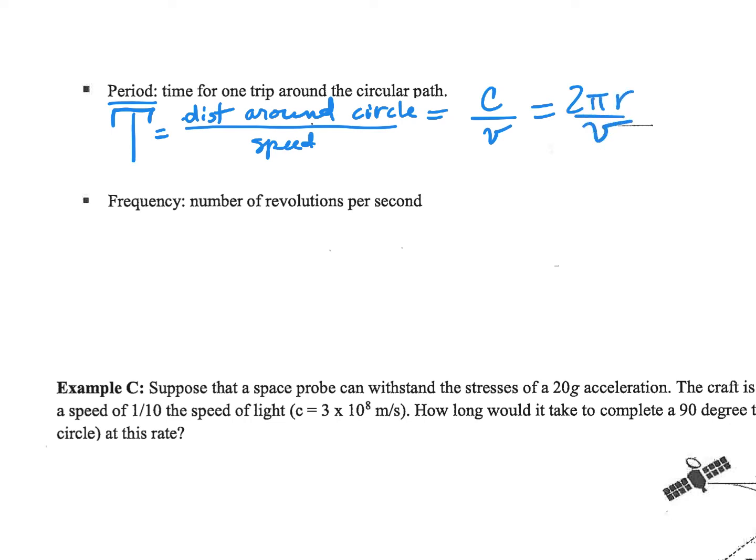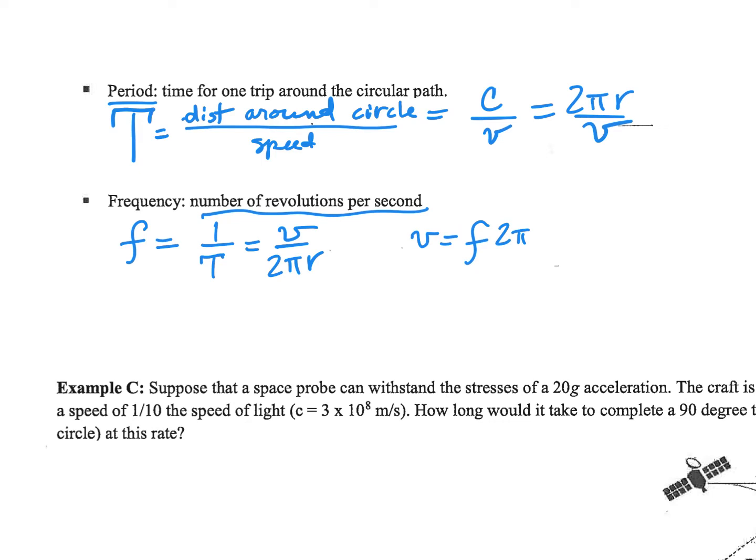Okay? Frequency, of course, is the number of revolutions per second, and it turns out that frequency, if you remember from pre-cal, is 1 over the period. So that turns out to be v over 2 pi r. Okay? All right. Which, if we want to put in terms of velocity, we now know that velocity is equal to frequency times 2 pi r, if we just cross multiply here.